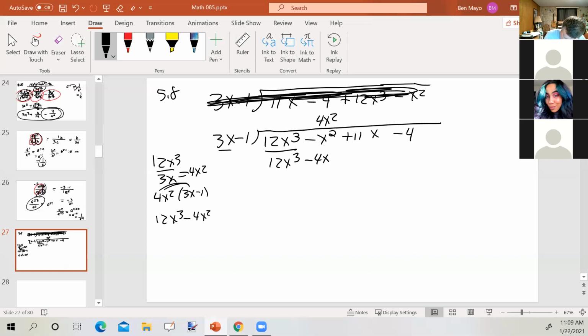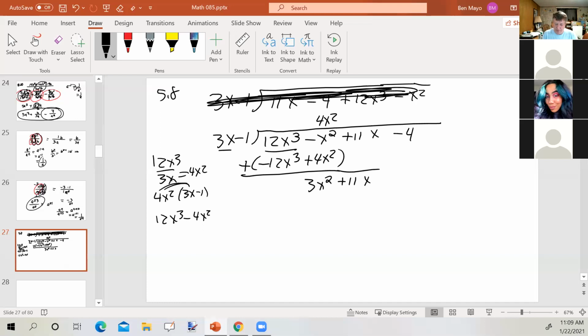We subtract that from what's up above, distributing the subtraction sign, changing it to addition of the opposite. 12x cubed plus a negative 12x cubed is no x cubed at all. Negative x squared plus positive 4x squared is 3x squared, and then bring down the next term, the 11x.